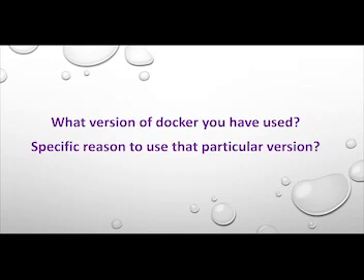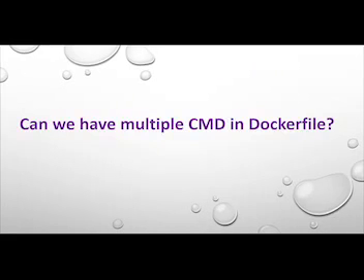Okay, that's fine. Yeah. And can we have multiple CMDs in a Dockerfile? No, that's what I said, right? Even if we have multiple CMDs, it's going to make it as one, and it doesn't count what we have written in the other CMDs. That's where we go with multiple RUNs, even if that's not a good practice, if you want to achieve something.